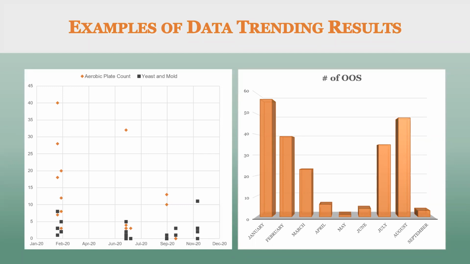Why in January, February, and August is there an elevated count? Does it associate with the increase of production volume? Does it associate with any particular construction event or seasonal change or ingredient change? So this gives you some clue to look into the production activities and their impact onto your environment.